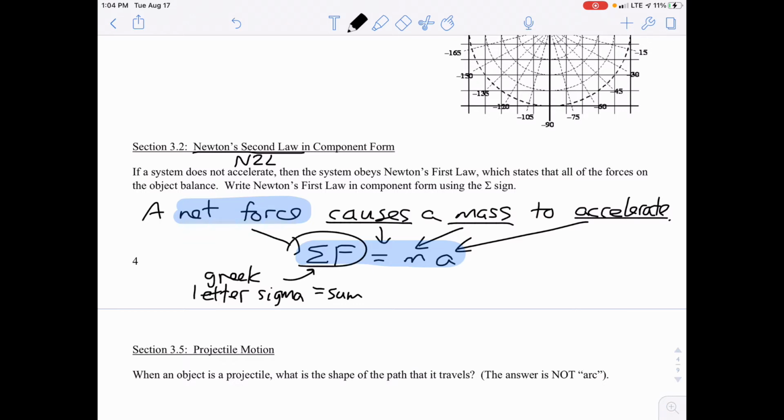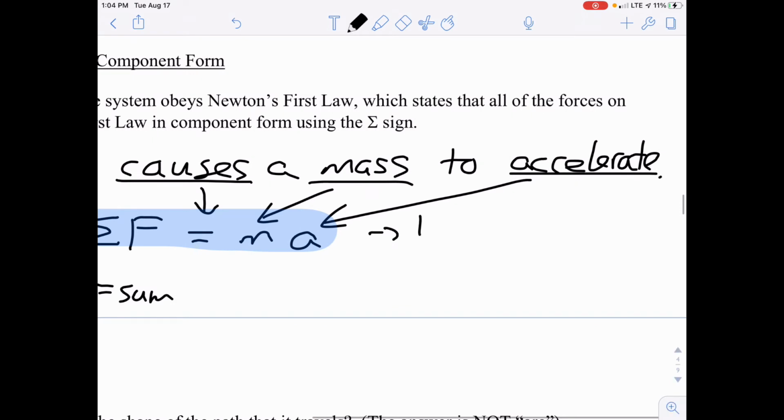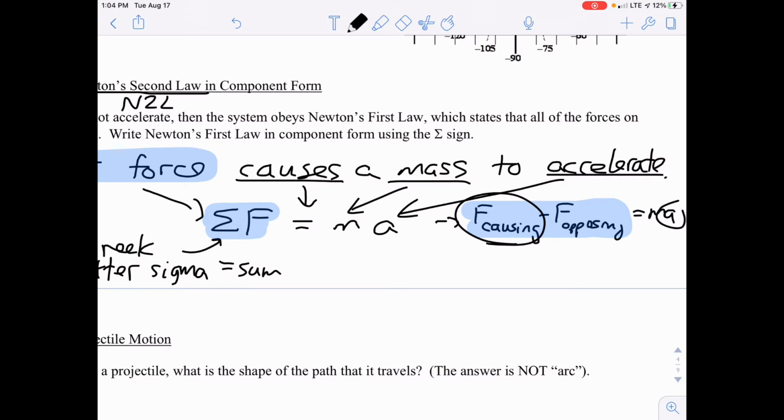Now, net force itself can be broken down into a causing force minus an opposing force equals ma. So what I can do, ladies and gentlemen, is I can take this phrase here, sigma F, and I can rewrite that in terms of a force that causes acceleration to happen minus a force that opposes the acceleration, okay?